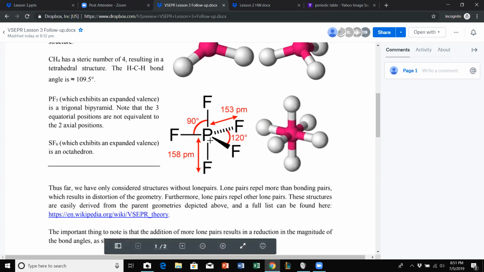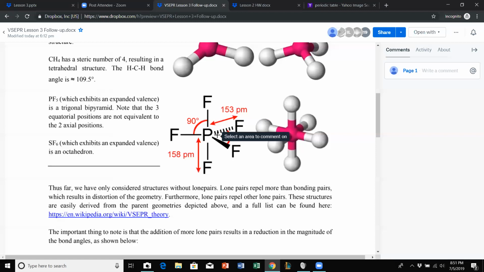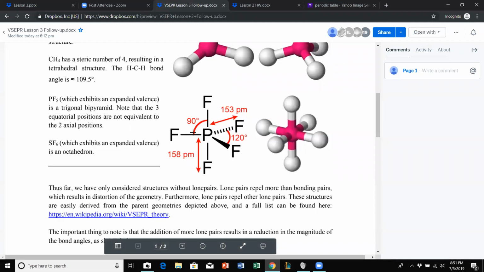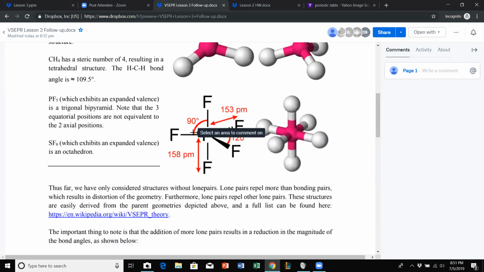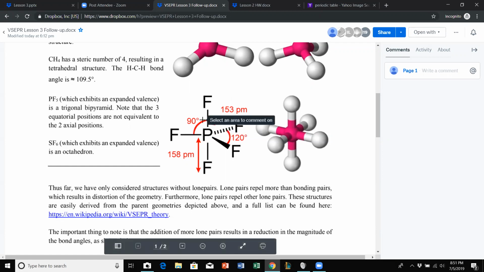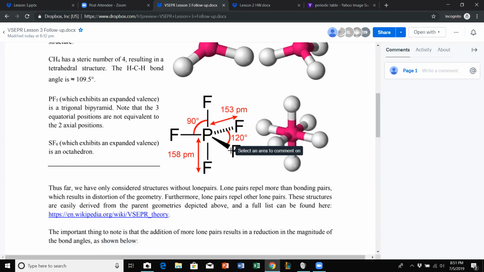But at a high temperature, like room temperature, all of these positions are rapidly interconverting. Molecules are constantly jiggling around, so these positions are constantly being switched, and you don't observe this in real life.